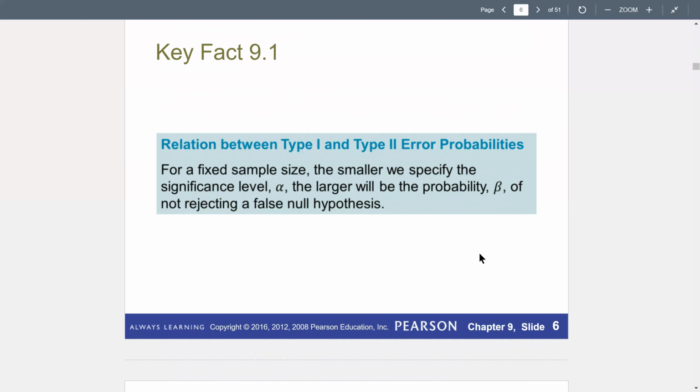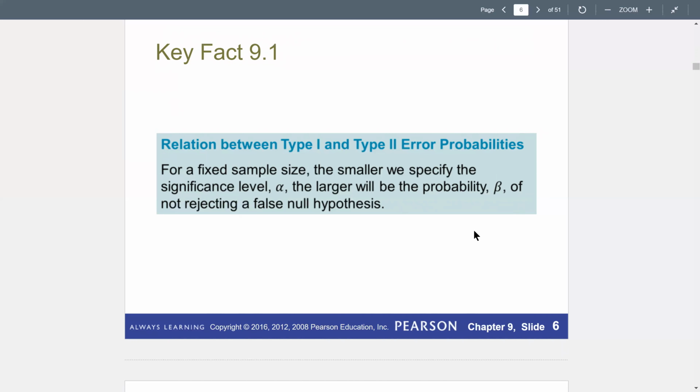Then the relation between type 1 error and type 2 error is that if we specify significance alpha, the smaller alpha is, the larger beta will be.